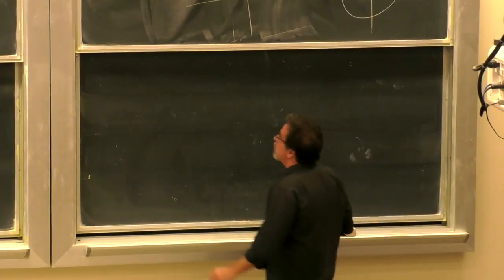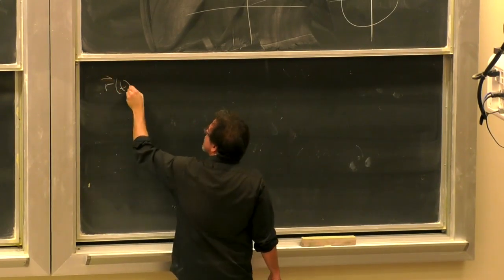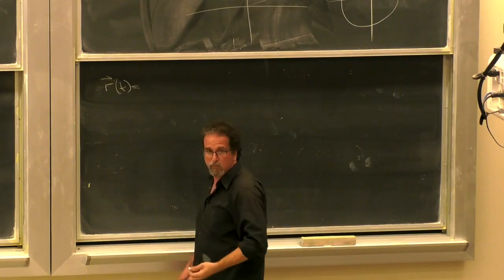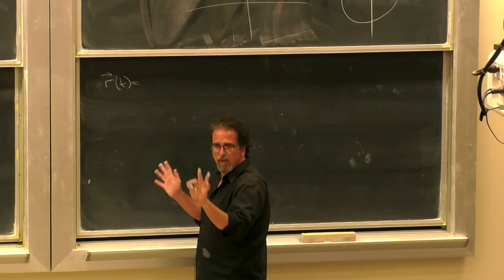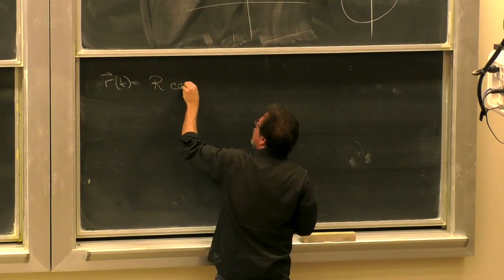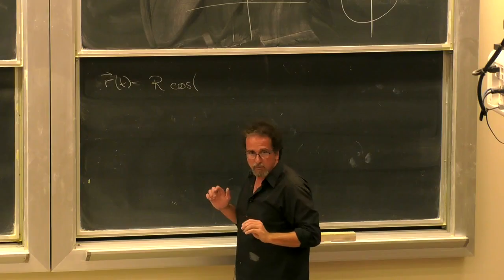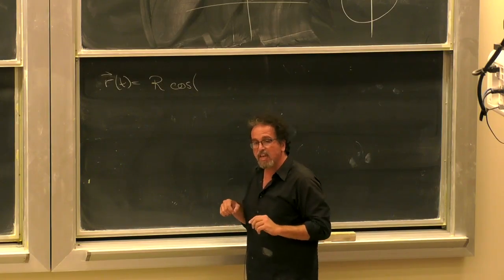I need to parameterize this thing. Okay? So first thing is, what is the r of t of this simple circle? Well, it's x of t, y of t, etc. I'm going to make it counterclockwise, so we have the cosines and the sines just fine. So it's going to be R times the cosine of... I like to think of t as a time.